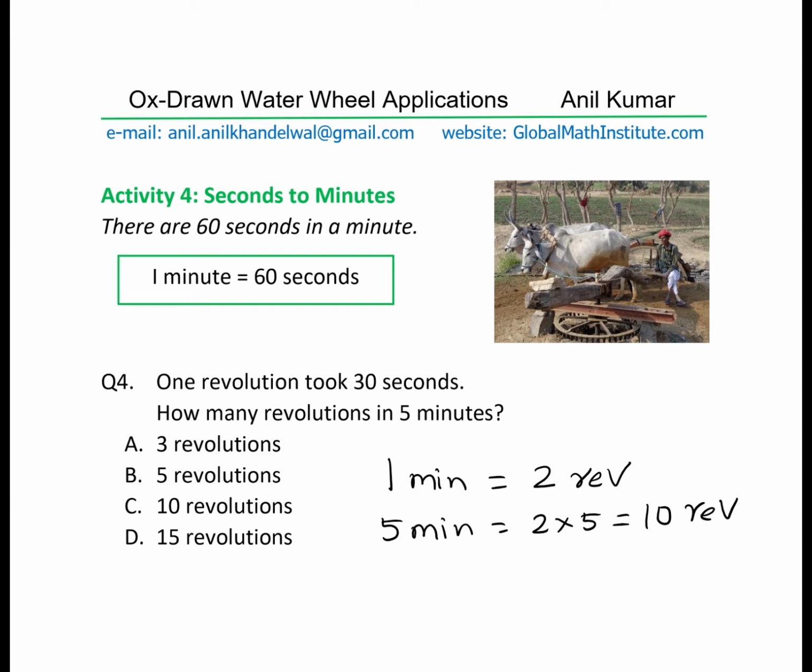We are saying 1 revolution in 30 seconds, which is half a minute. Instead of that, if I say 1 minute 2 revolutions, that is correct, yes? But that makes our calculations very simple. And so we get our answer, which is 10 revolutions in 5 minutes. So the number of revolutions is twice the number of minutes. Perfect.